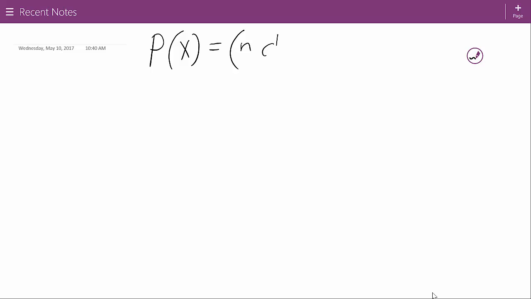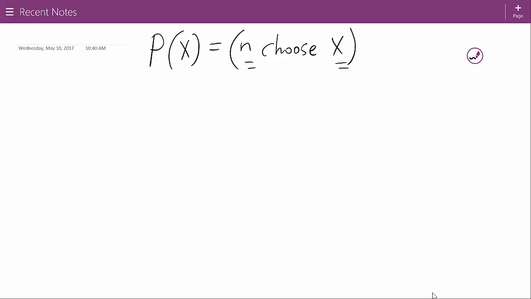And N choose X tells me in how many different ways I can choose X elements out of a total of N elements. Out of these N trials, X should be the number of successes, because that's what the random variable is: how many successes I can get out of N attempts.